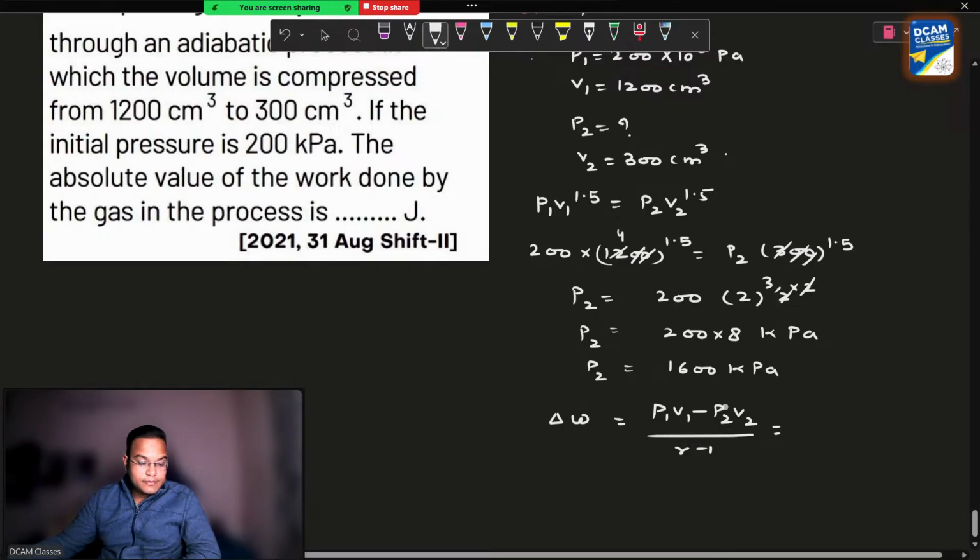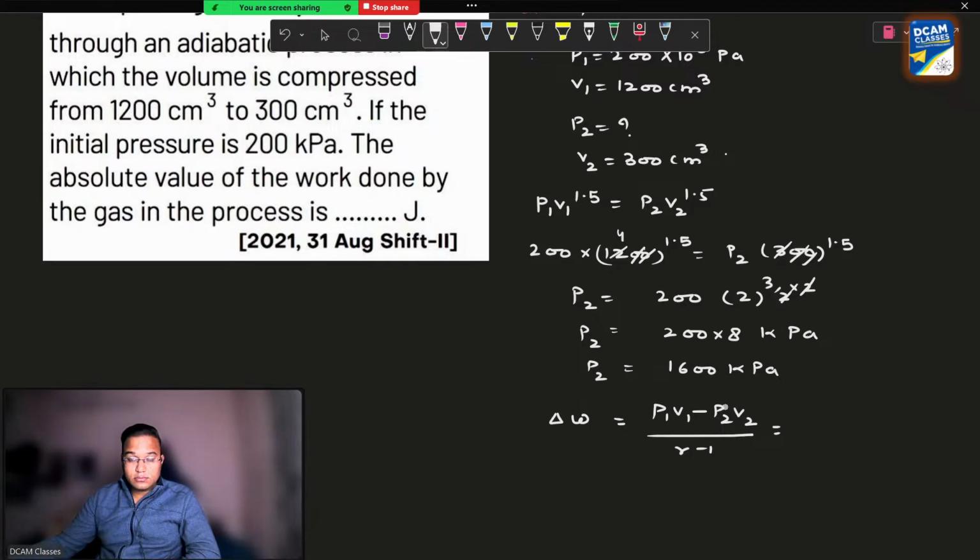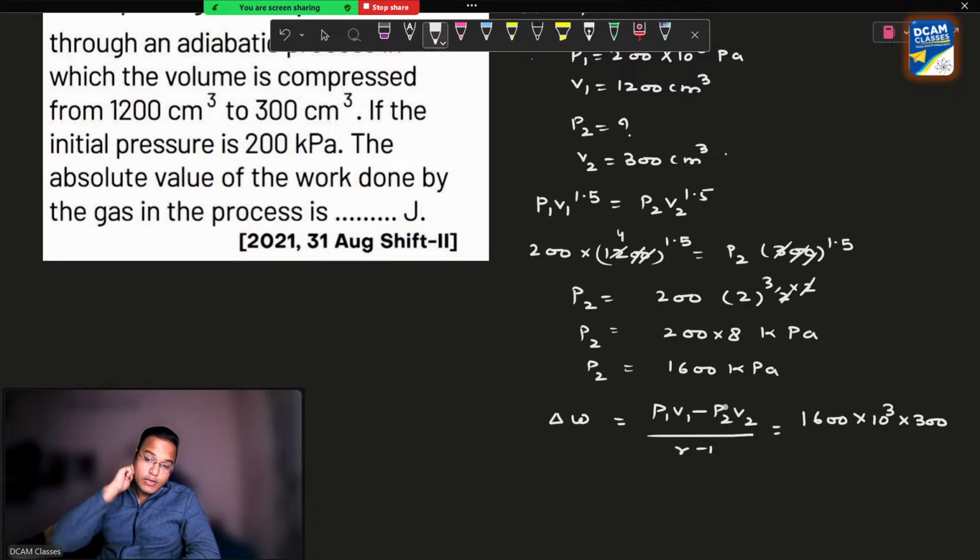So what is P2 V2? 1600 into 10 power 3 into 300 centimeter cube converted to meter cube. How will it become? 10 power minus 6.